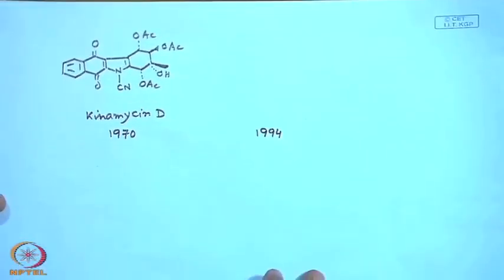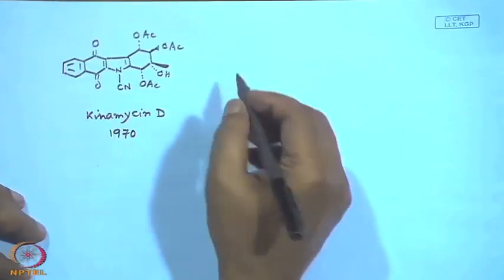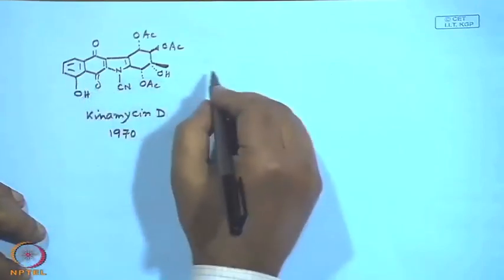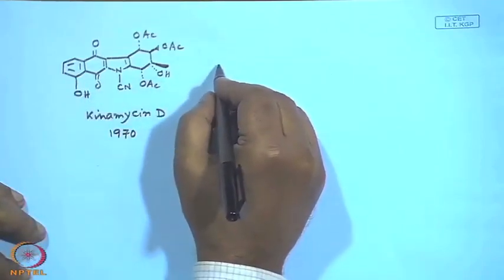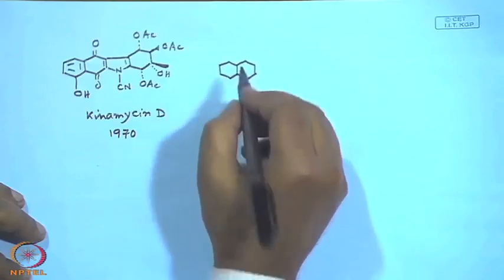Okay. What could be wrong? Actually, mind it, this was established by X-ray crystallography, but eventually in 1994 he could show, sorry, here is an OH group, he could show what the real compound could be.